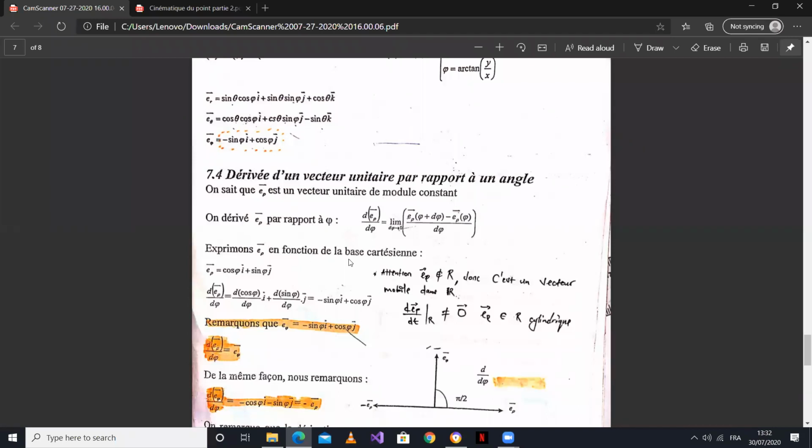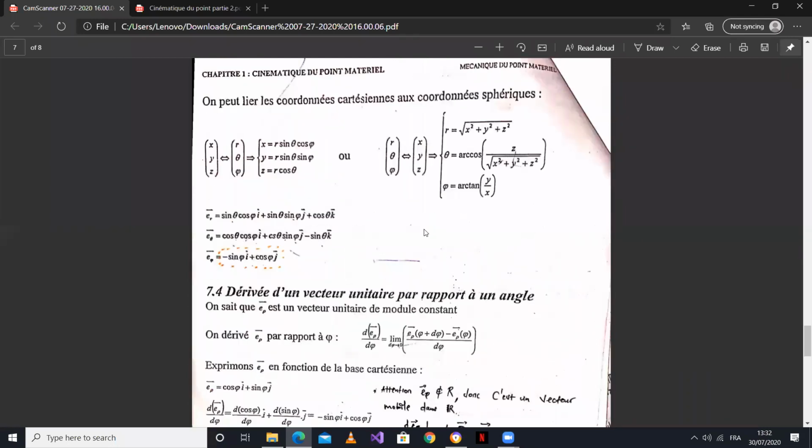Okay. Awesome, guys. Now we come to the derivative of a unit vector with respect to an angle. Before we move, can you show me the direction of E theta?